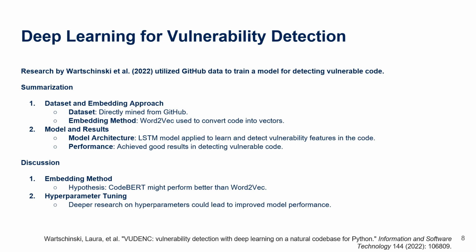We believe that more in-depth research on parameter tuning can achieve better performance. Overall, the research also provides guidance for our research direction. And later on, we will use the results as a comparison for our model performance evaluation.